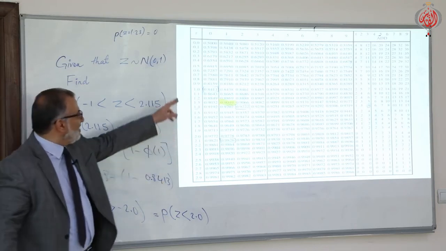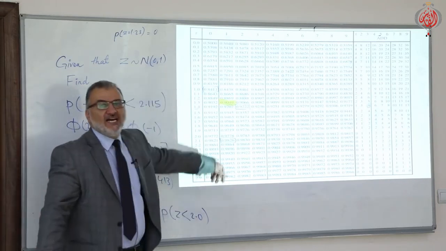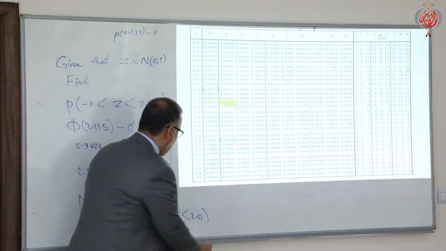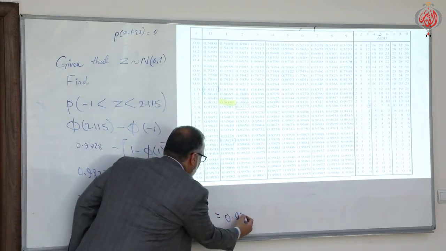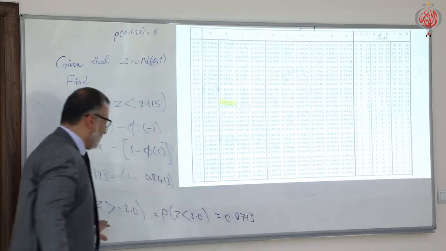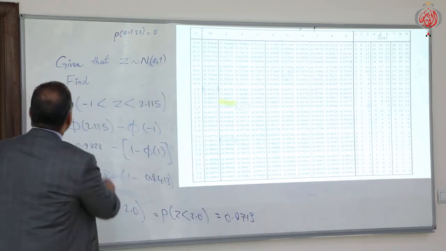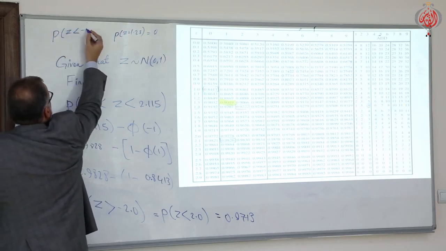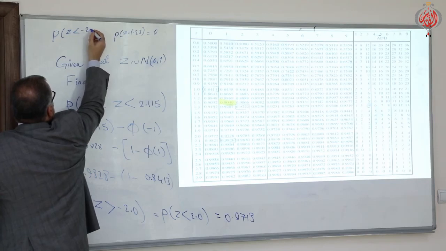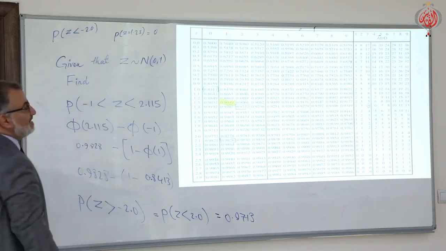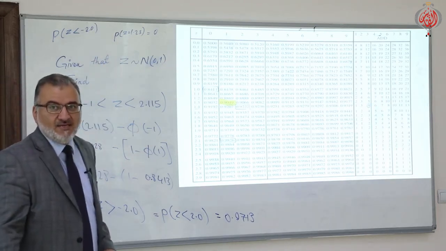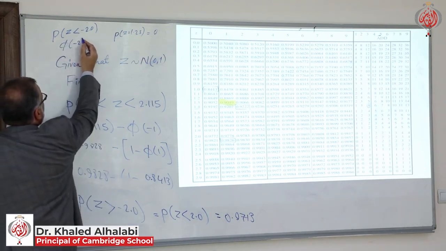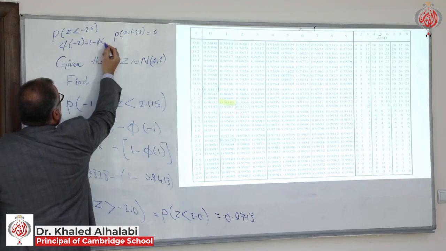So since I have z less than, I can go directly to the table and find the value. It equals 0.9713. What about if I told you to find the probability of z less than negative 2? What's the meaning of this? This is phi of -2, which is 1 minus phi of 2.